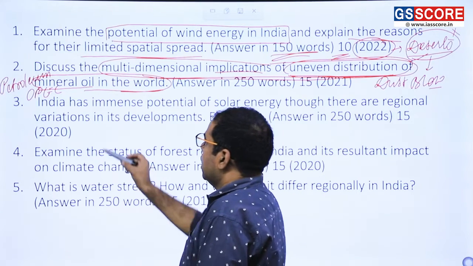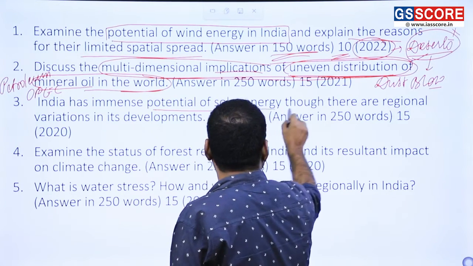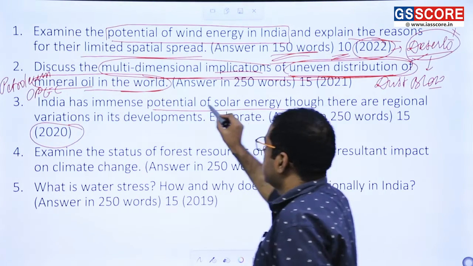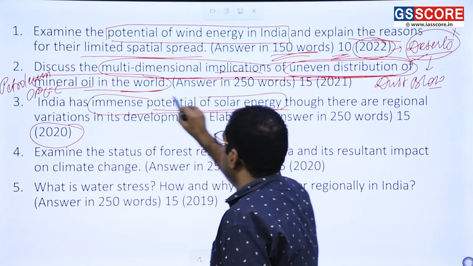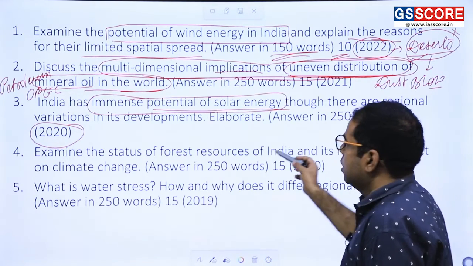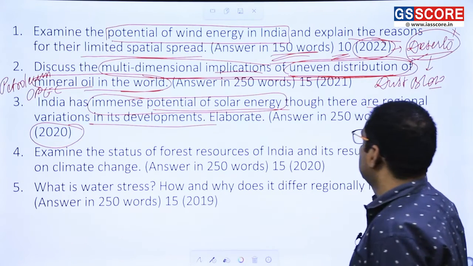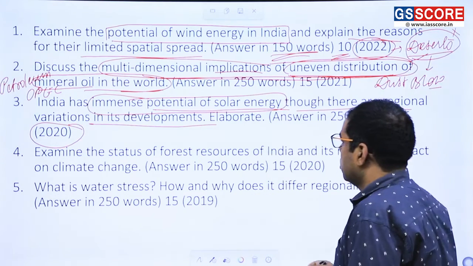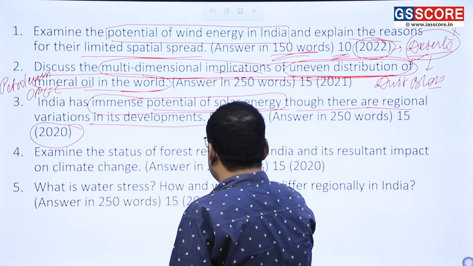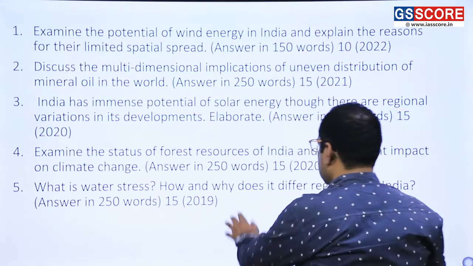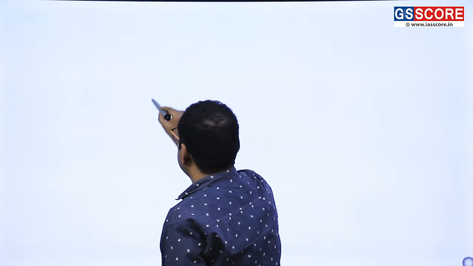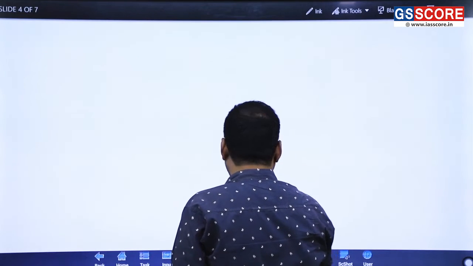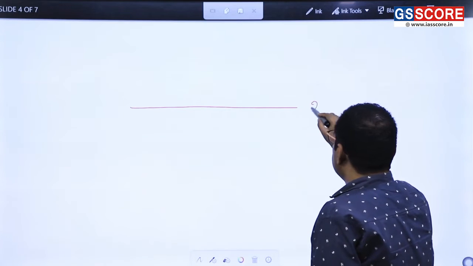Next: India has immense potential of solar energy. Again, this question is from 2020, right? True, there are regional variations in its development. How is it? Now see, India is a tropical country. I'll explain it. The Tropic of Cancer divides India into two equal parts.